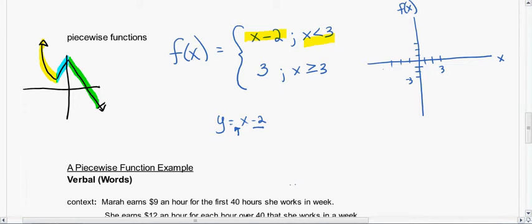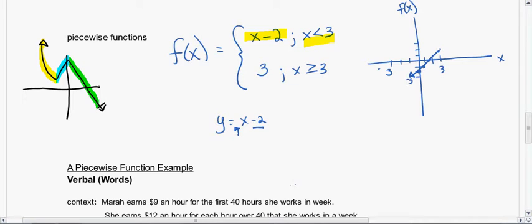It's going to go through negative 2 and then has a positive slope. Up 1, over 1, up 1, over 1, up 1, over 1. So starting at 3 and going backwards, my function looks like that line.